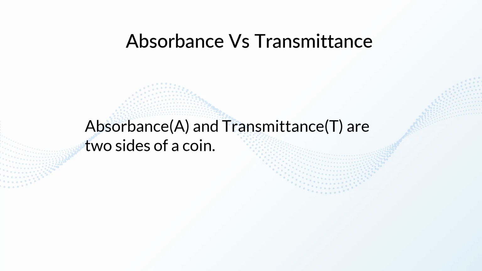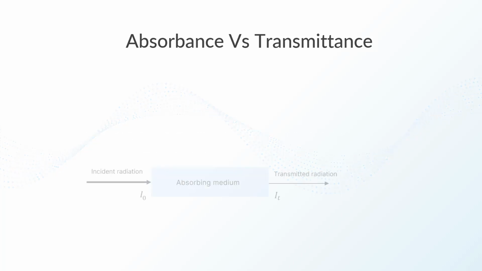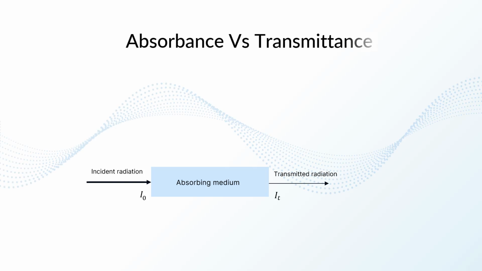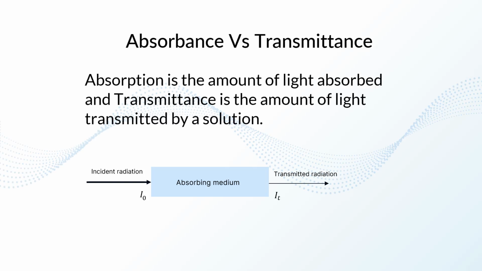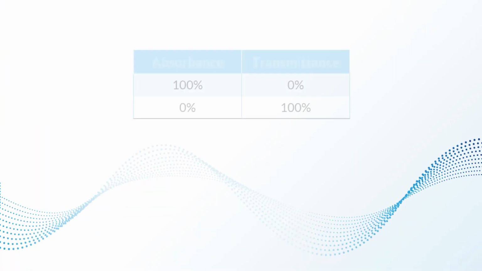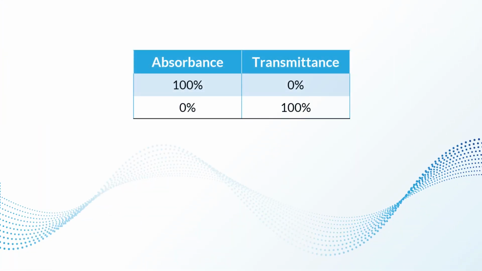So I have two things, absorbance and transmittance, two different words. On one side I say log I0 upon IT is equal to the absorbance, but when I say transmittance, absorbance is the amount of light absorbed and transmittance is the amount of light transmitted. But how can we give a meaningful mathematical relation?